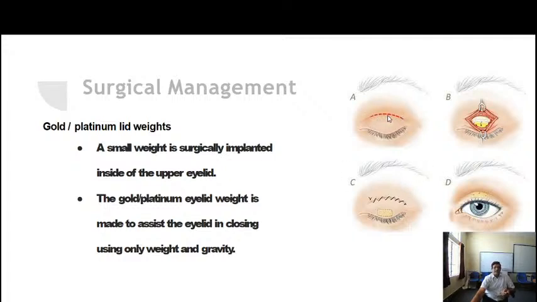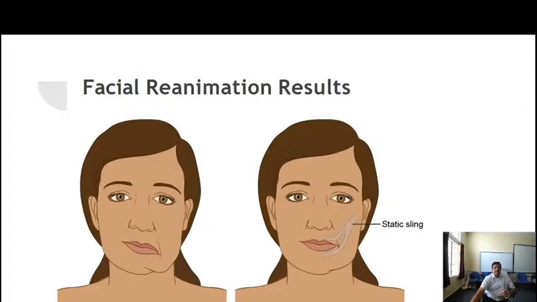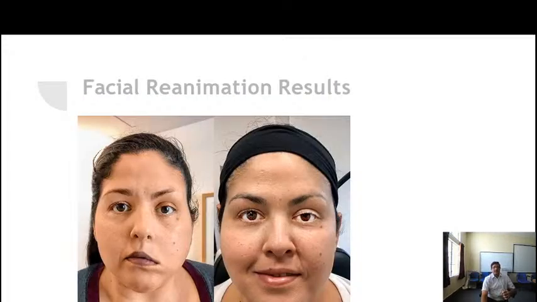A small surgical incision is made in the upper lid, and these weights are placed into the eyelid, so that by the weight, they close the eyes, and then the facial reanimation results are good. The sling operation performed with the temporalis muscle gives results which are fairly acceptable.